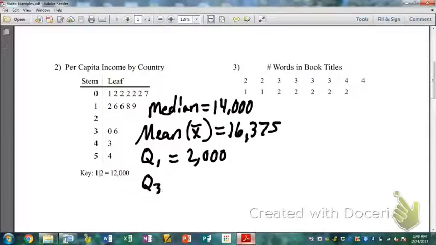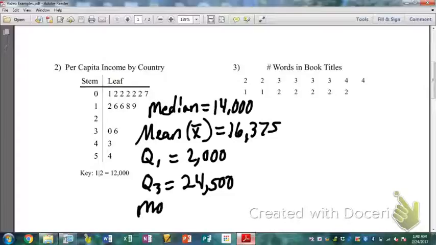Upper quartile Q3 was 24,500. And last here I need my mode.